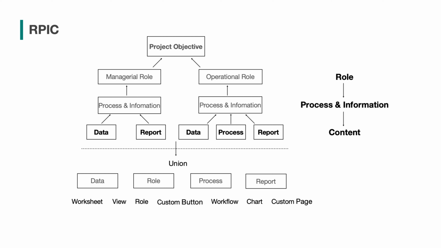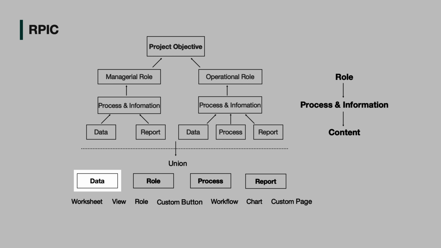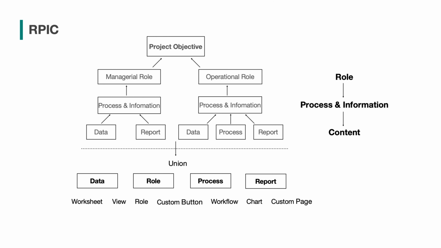By systematically aggregating and deduplicating these elements, organizations gain clarity on these four foundational pillars: data, role, process, and report, corresponding to the key elements of HAP application development, including worksheets, views, roles, custom buttons, workflows, charts, and custom pages. This alignment ensures a seamless transition from architectural planning to practical implementation on the HAP platform.